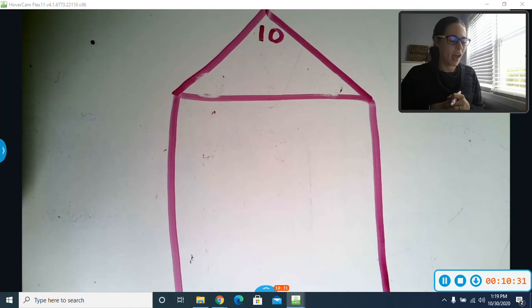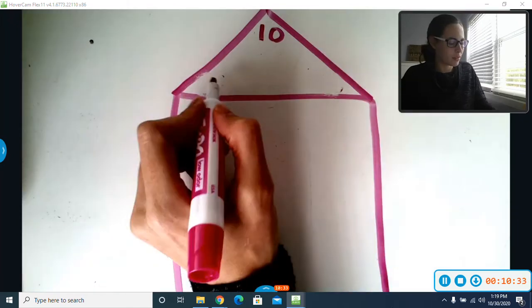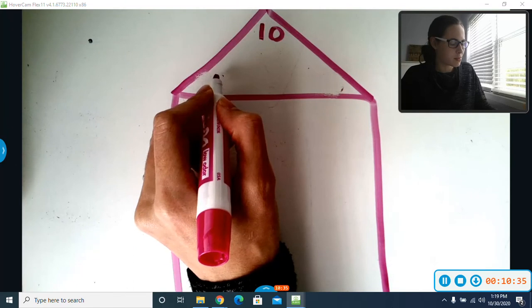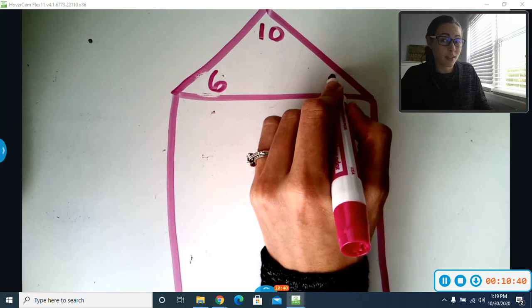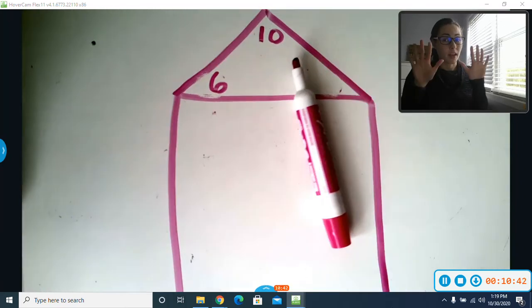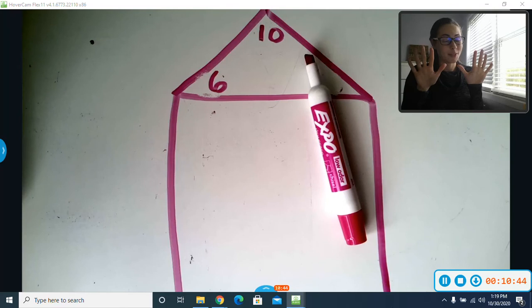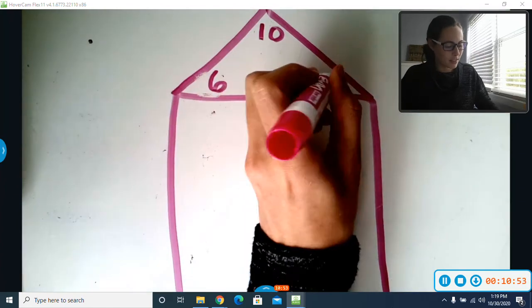I think I'm going to use 6, and whose 6 is partner to 10? If I have 10 and I put down 6, how many are left? 4. 6 and 4 make 10.